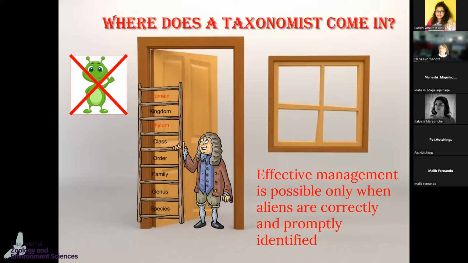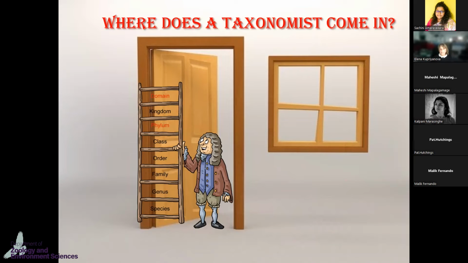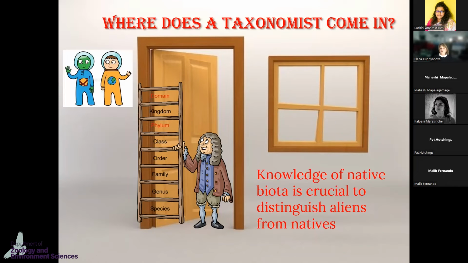Taxonomical information is also essential to detect, manage, and control invasives. Effective management measures can only be implemented if exotic alien species are correctly and promptly identified. Misidentifications can cost money, and rapid decisions need to be taken. Finally, it's quite important to know the native biota, to be able to distinguish aliens from natives.